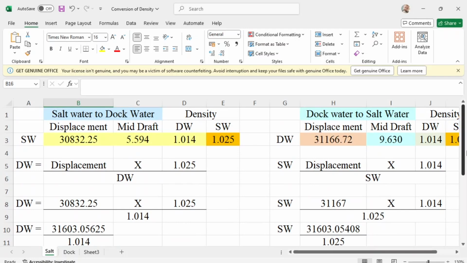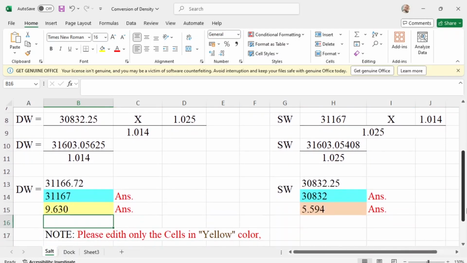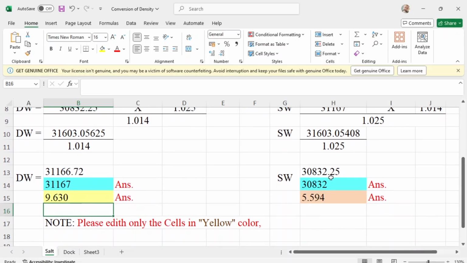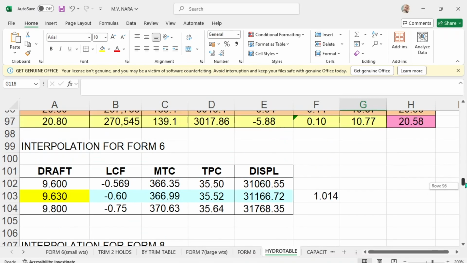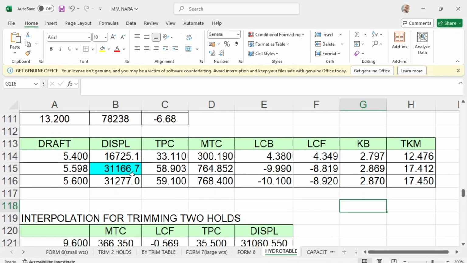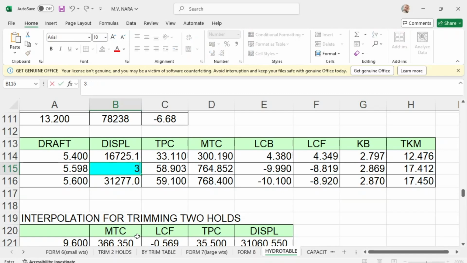311.63, and your corresponding displacement in salt water will be 30832.25. 5.94.